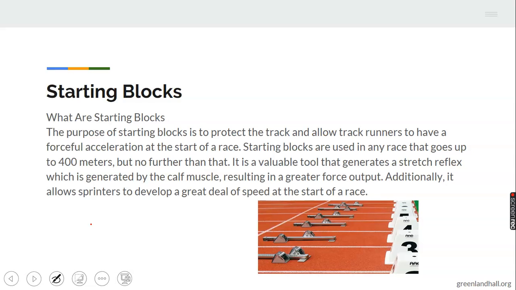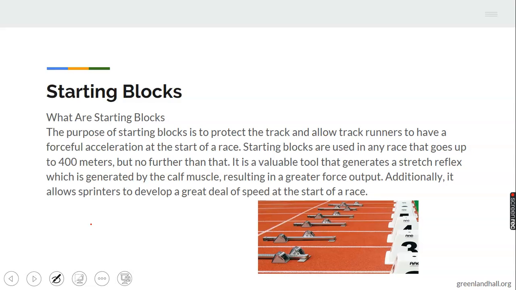The purpose of starting blocks is to protect the track and allow track runners to have a forceful acceleration at the start of the game. Forceful acceleration means it makes them speed up. It makes them faster than they would have been ordinarily taking off.